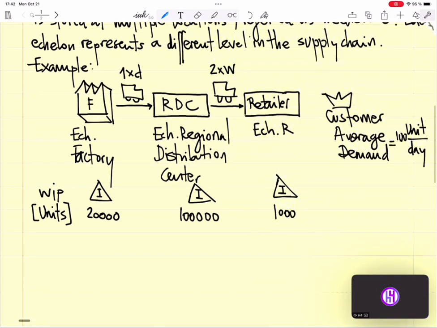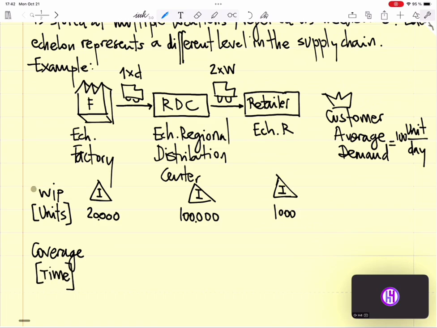So you can represent your inventory also as your coverage time. In German it's called Reichweite, measured in time.